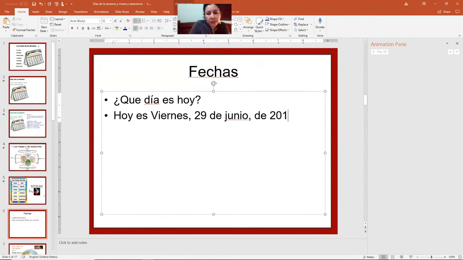de 2018. Notice that when we express dates, we announce it with the verb to be, ser. Hoy es viernes. Notice that the article el is not there when you state what day today is. Hoy es viernes, and then we say the number, the preposition de, and then the month. The preposition de announces the year, okay?